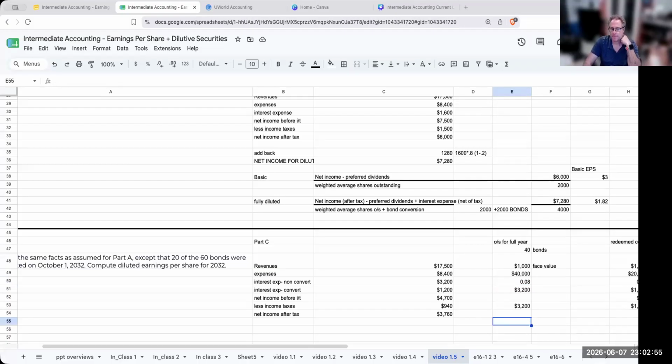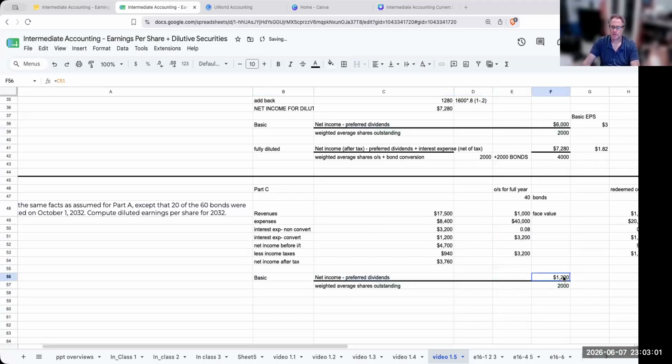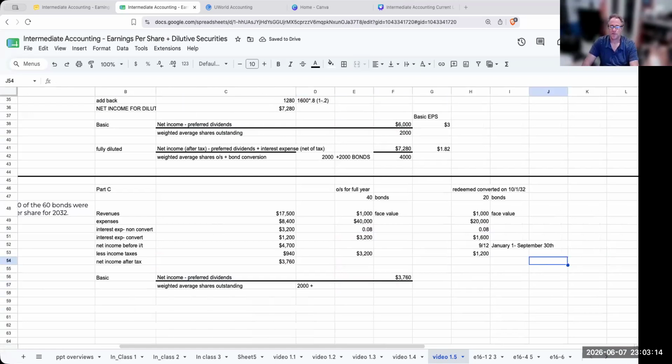Sorry about that. Okay. So over here, my basic earnings per share is going to be my net income of 3,760. Now, my weighted average shares outstanding are going to be a little bit different, because over here, this is the 2,000 originally outstanding, but here these bonds actually converted, right?